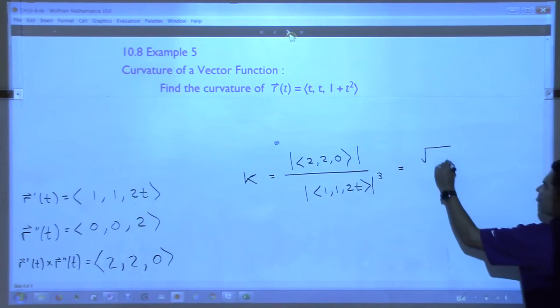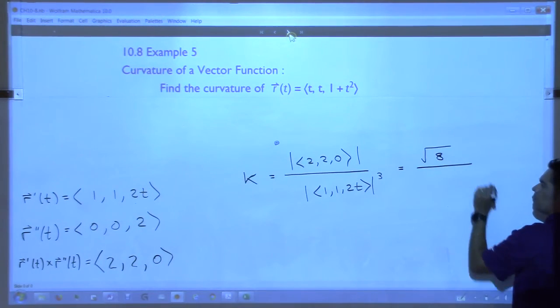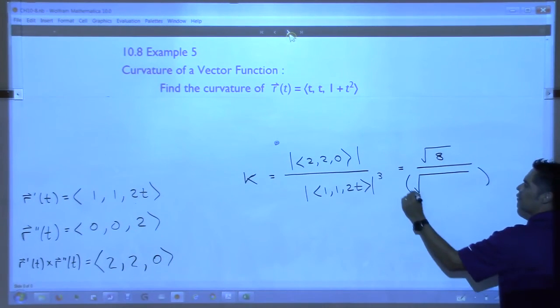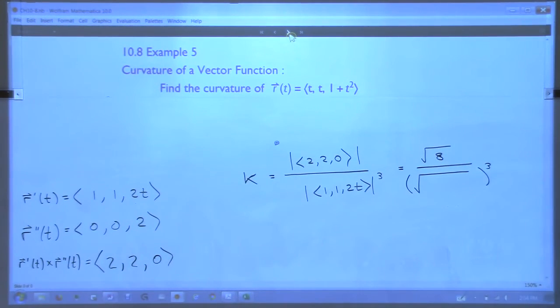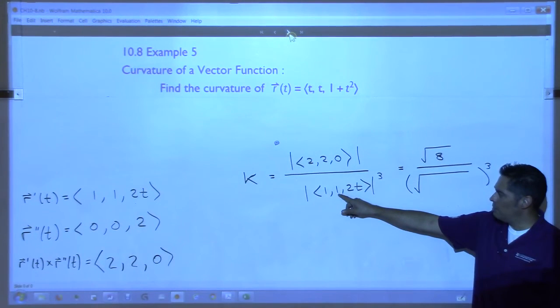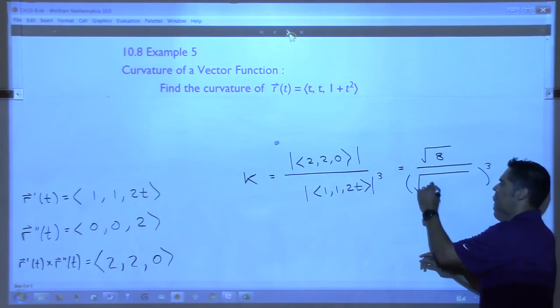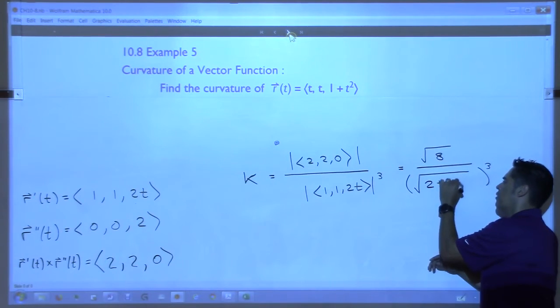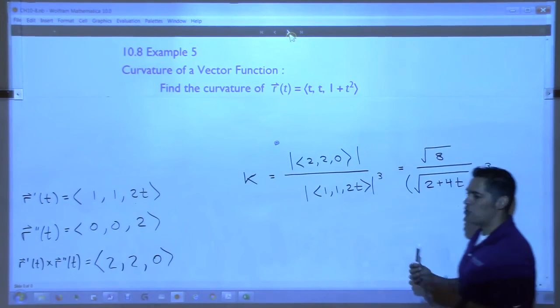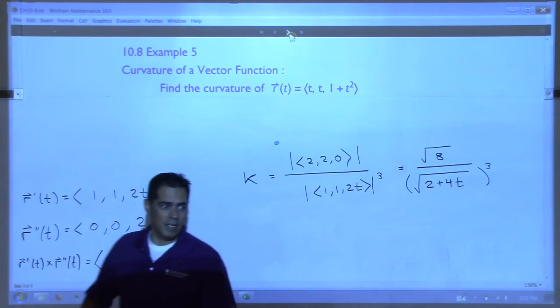Square root of 8 over the bottom is the square root of something, and then it's going to be cubed, right? So 1 squared plus 1 squared, right? It's 2 plus 4t. So you can see here that the curvature is a function of time, or function of t.